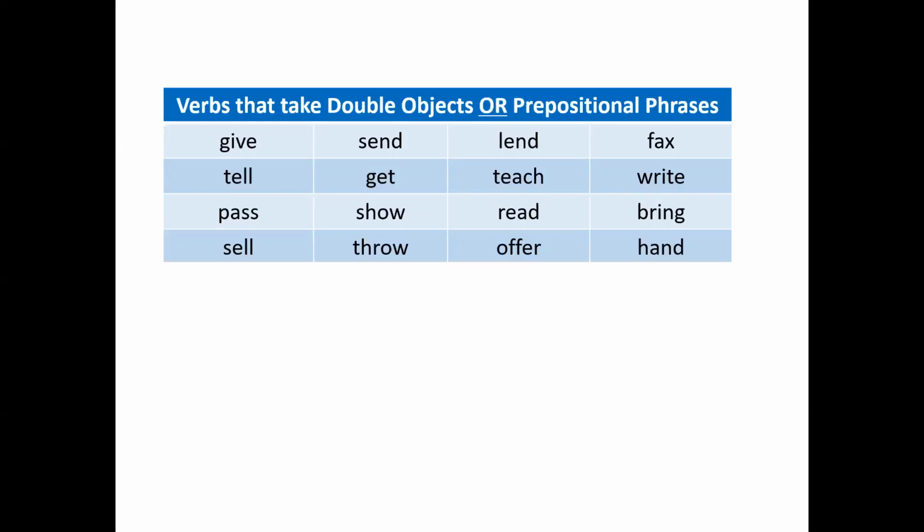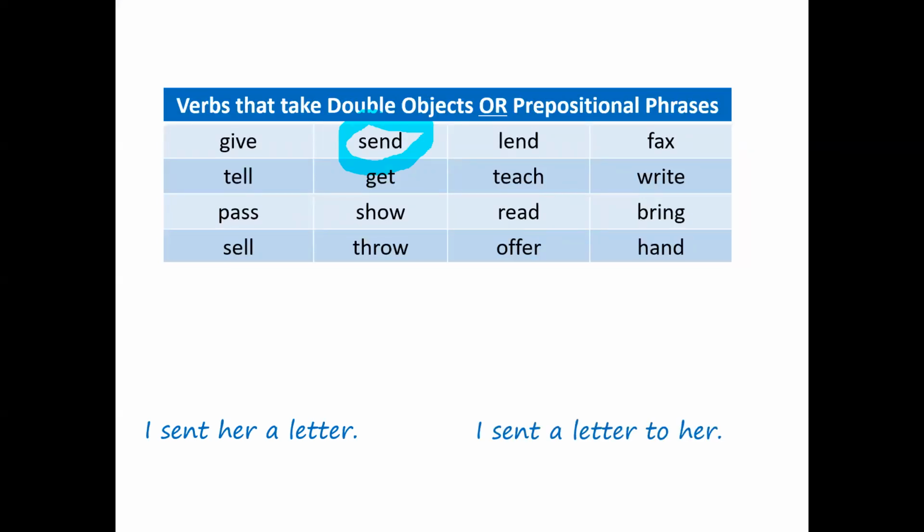So all of these verbs can take either 2 objects or an object and a prepositional phrase. The verb send, for example, can be used in the SVOO pattern in I sent her a letter, or the SVOP pattern in I sent a letter to her.